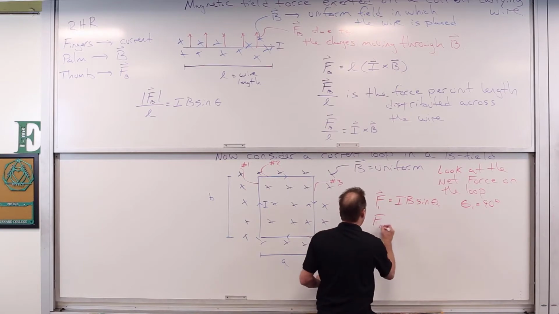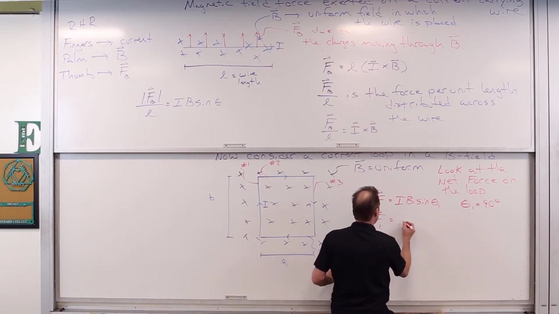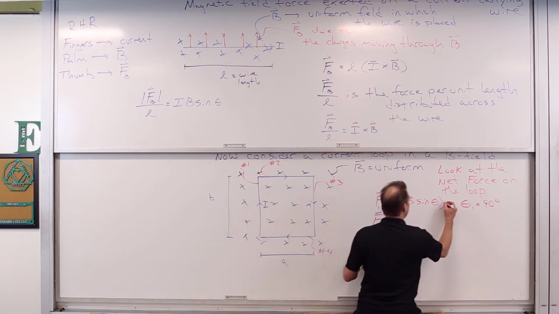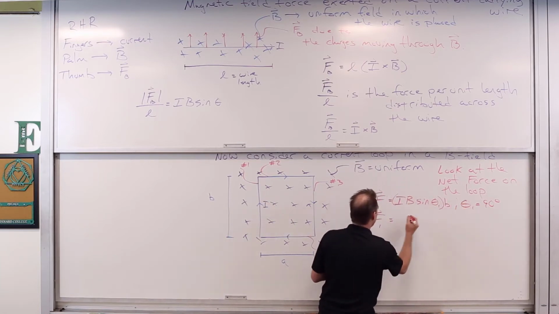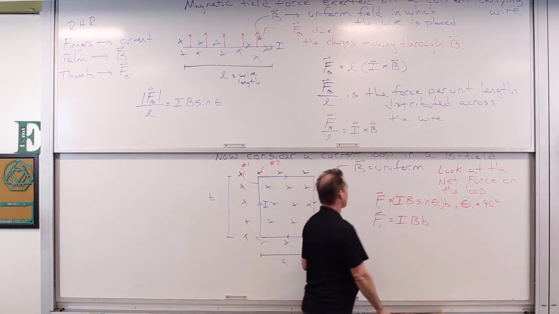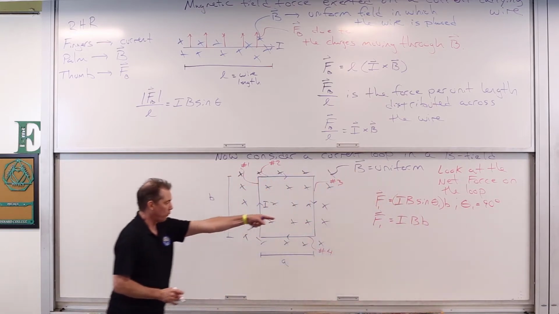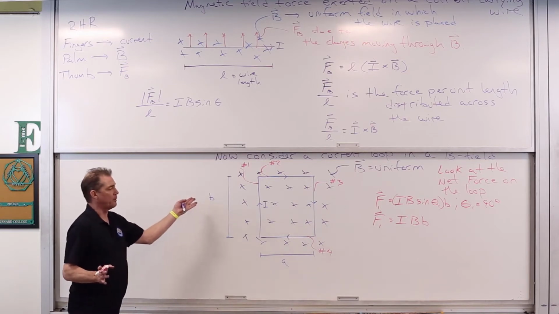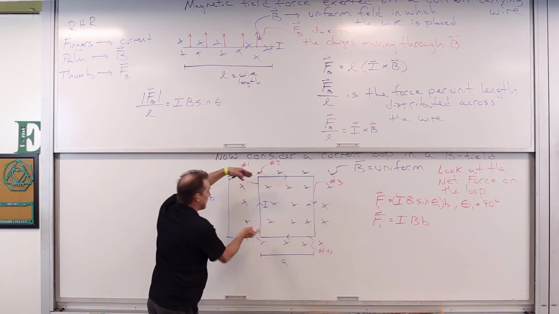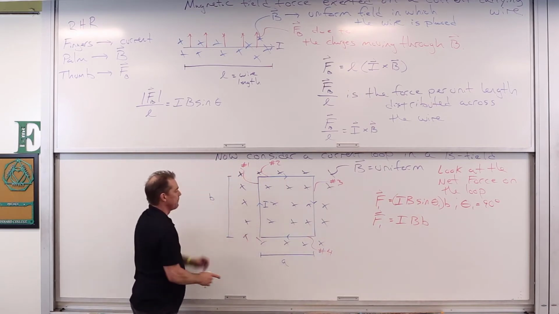So really, F hat 1 is just equal to, excuse me, we need an L here too. Excuse me, a B, because there's the length. So we get an I, B, B. There's the magnitude of the force right there. We also need the direction. So it's the current times the magnetic field times the length of the segment gives us the overall force on the segment.